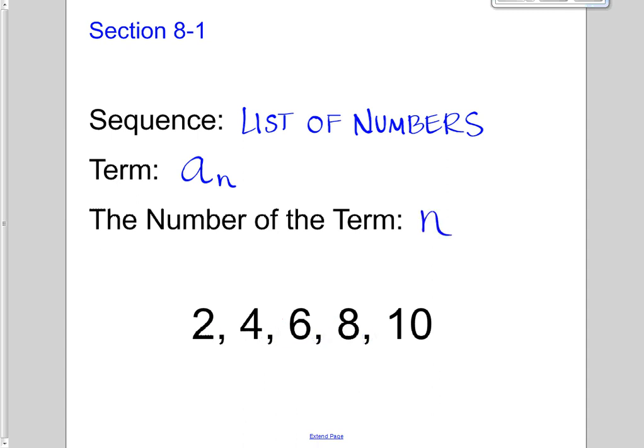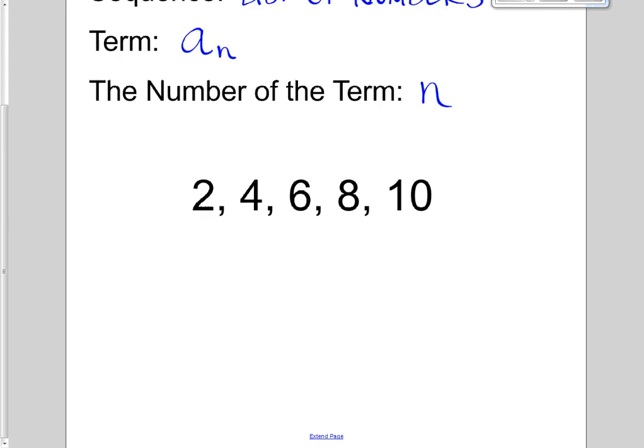And we want to be able to refer to all these different pieces and understand what all these letters and things mean. So if I think about this as my sequence, the first term of the sequence is 2, this is the second, this is the third, and this is the way we normally talk about ordered numbers, 4th, 5th, 6th, and so on.